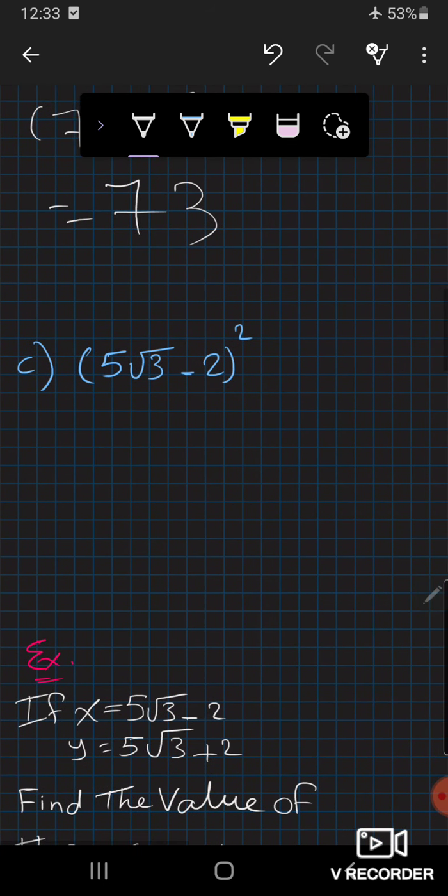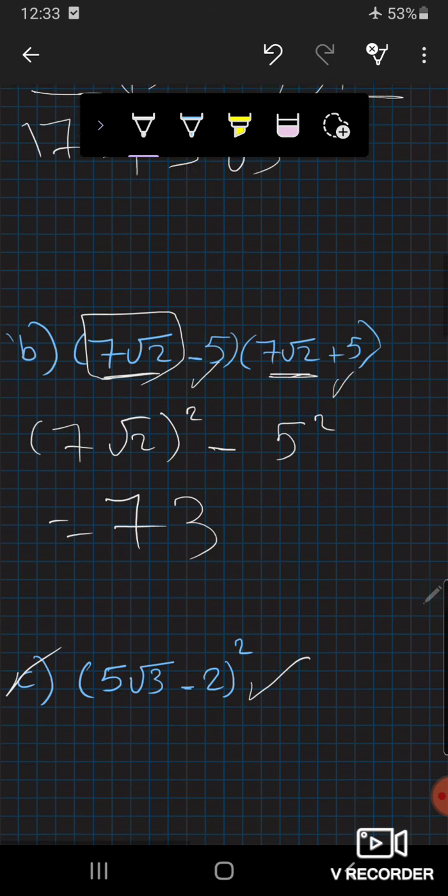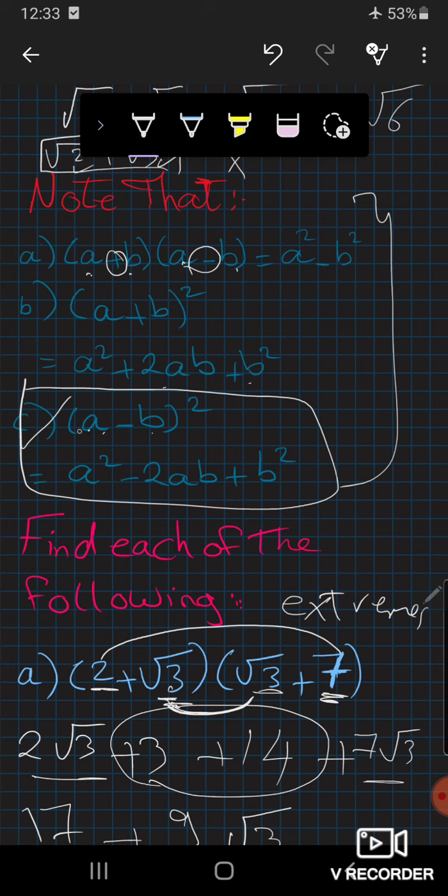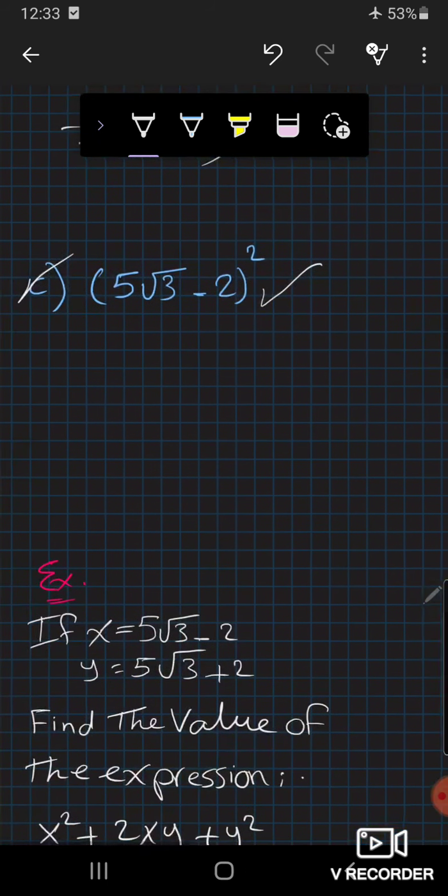What about this one? Here you have 5 square root 3 minus 2 to the power 2. Yes, we take this rule here. Did you see it? This rule, a minus b power 2. The answer will be the first one power 2, the second one power 2, minus 2ab. Let's make it.